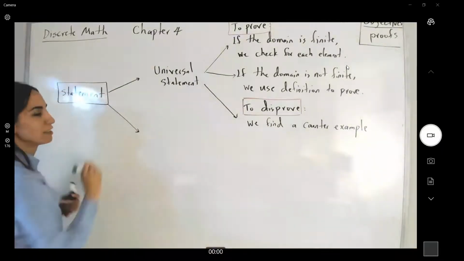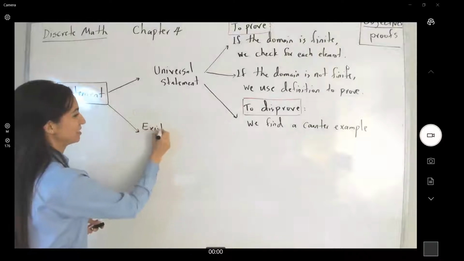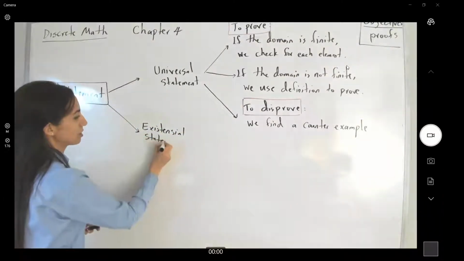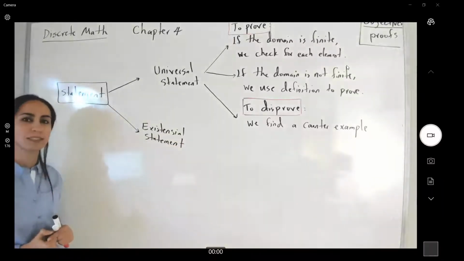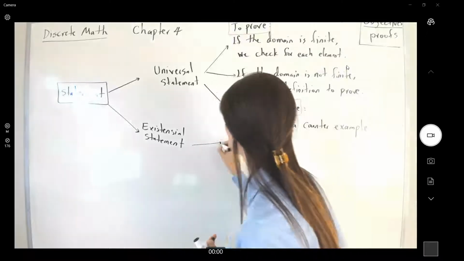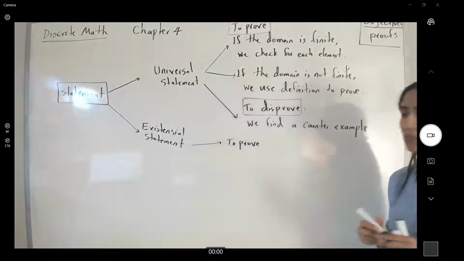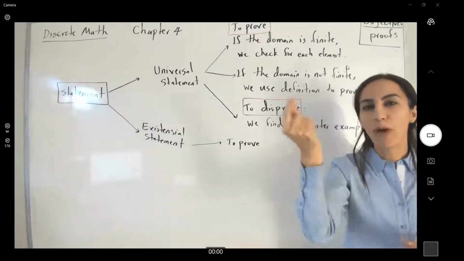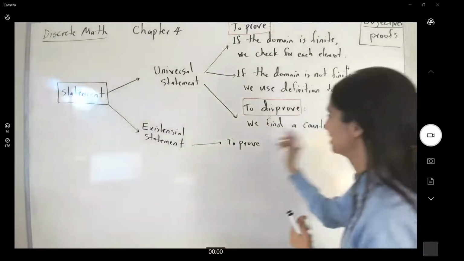What if we have an existential statement? Okay, existential statement sometimes is super easy. To prove an existential statement, it means that you need to find at least one number that satisfies that condition.